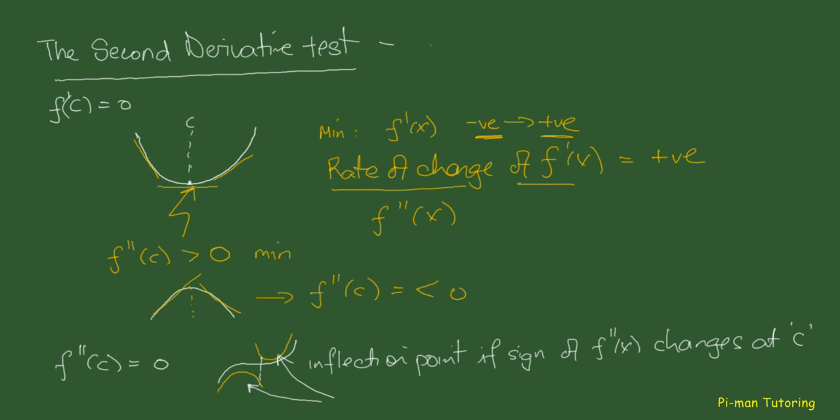So let's just write that up here. Check for sign change in f double dashed of x at critical point.